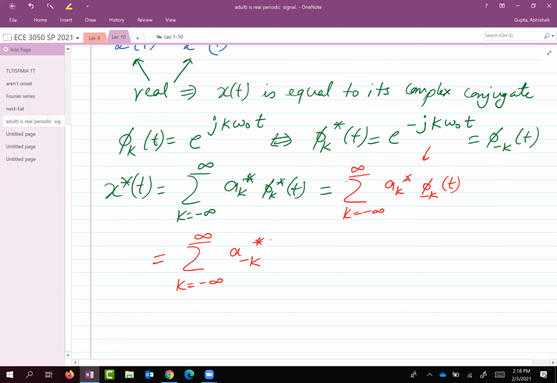I'm going to relabel the terms. So replacing k with negative k, I get k goes from minus infinity to plus infinity. A k star changes to a minus k star. Phi minus k of t converts to phi k of t.